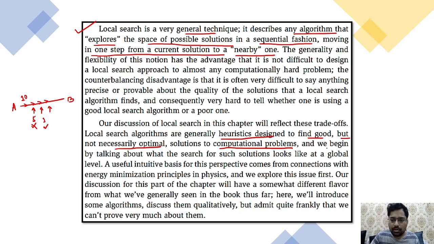We can begin by talking about what the search for the solution looks like at a global level. Our target is to search, and somewhere there might be the optimal solution, but sometimes we have 1 here, yet we might stop at 5 for some reason. In this case, we say it is local.